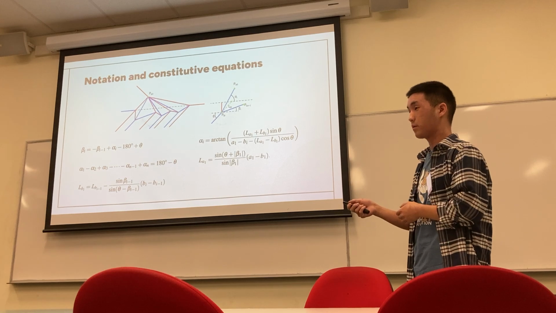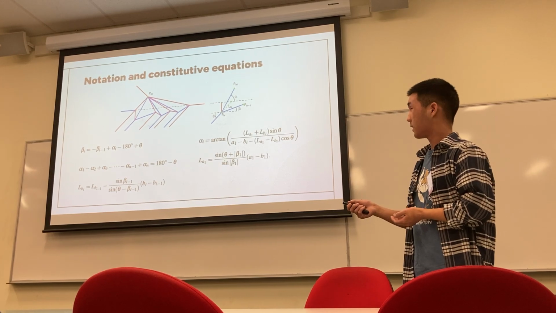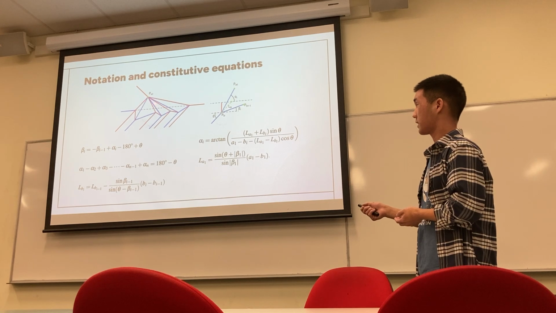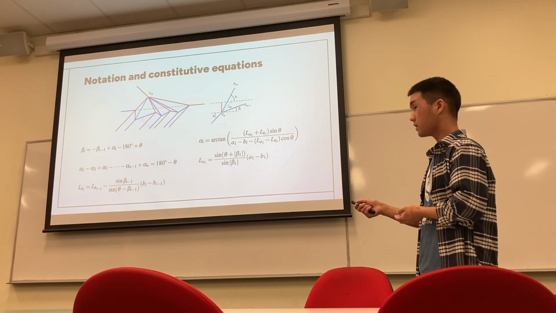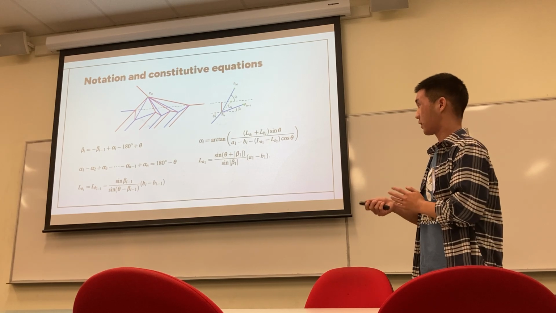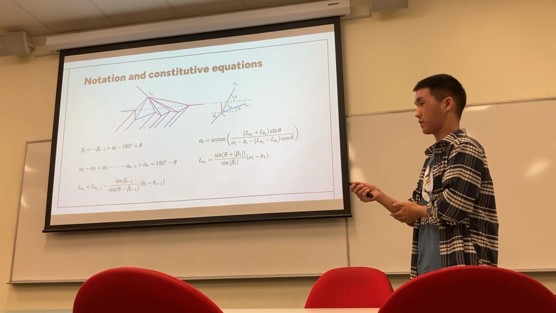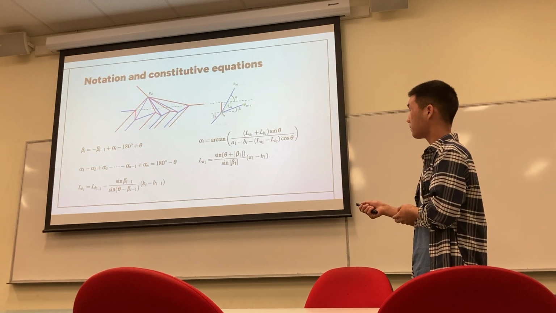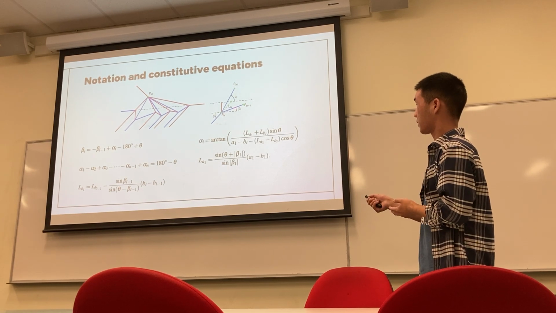So first, the way we're going to prove flat foldability for everything is we really have to brute force it. So we basically have to do Kawasaki's theorem around each vertex. Oh, and by the way, we are neglecting global self-intersection, but anecdotally it does seem to work. But we're going to restrict ourselves to just local self-intersection or local flat foldability. So we basically create names for each angle.